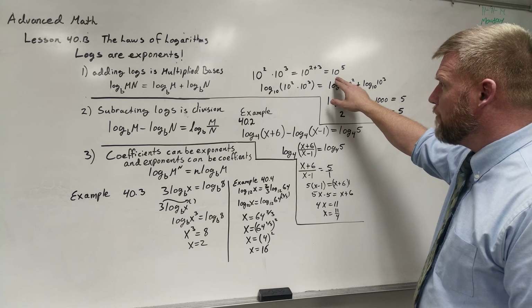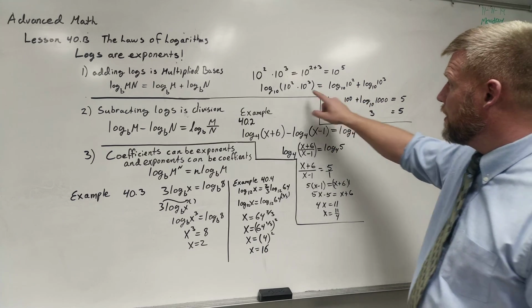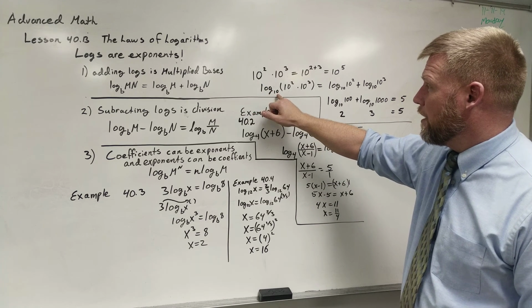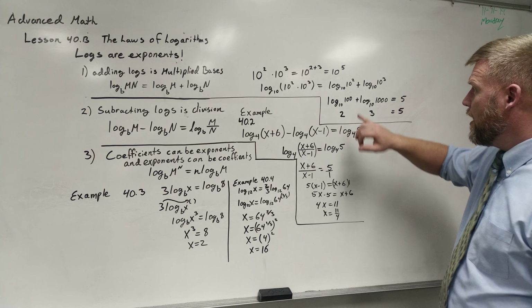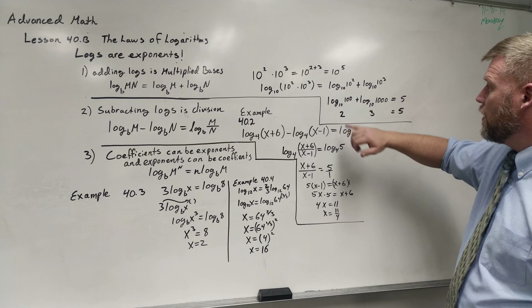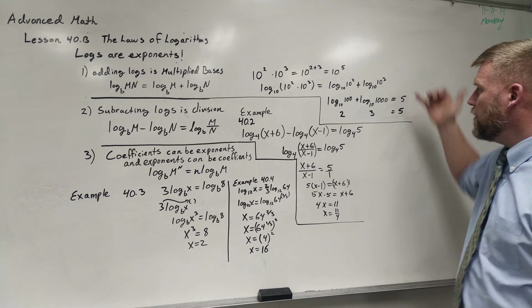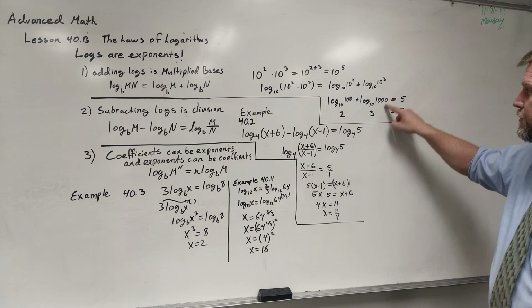If I wrote this same idea by taking the logarithm of both sides, on this side I'd say the logarithm base 10 of 10 squared times 10 cubed. On this side I'd say log of 10 squared plus log of 10 cubed. Well, what does that mean? Well, 10 squared is 100 and 10 cubed is 1,000.